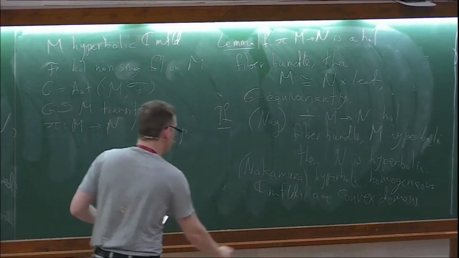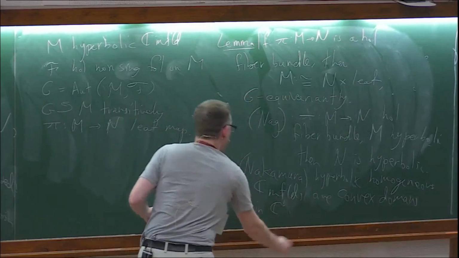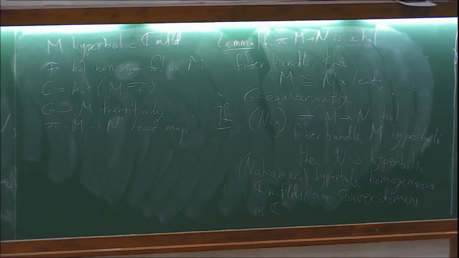So they can be somehow embedded in C^n, which is certainly not obvious. That's a fairly deep result that we have to use here, and that implies that both M and N are convex domains. And so in particular, they're simply connected. Pi 1 of N is the identity because it's a convex domain.